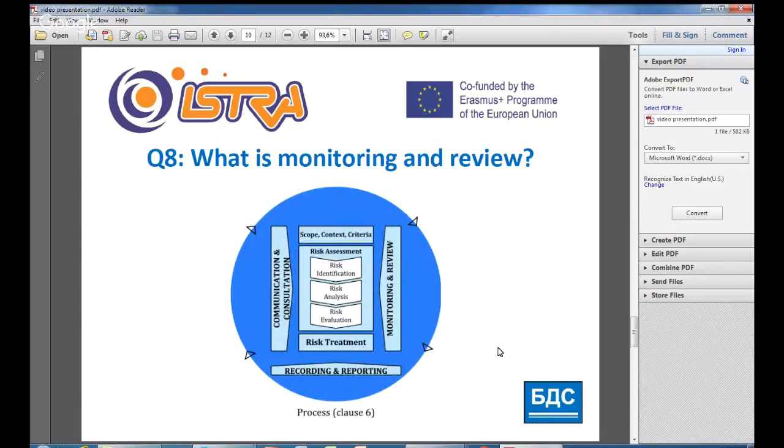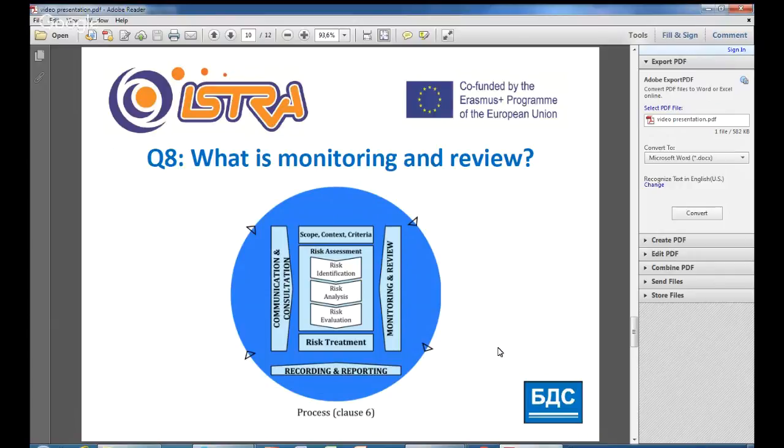As depicted in the figure, the monitoring and review processes are typical for each step and process in the risk management architecture. Monitoring and review are called a feedback mechanism in the Plan, Do, Check, Act cycle, as they represent the check phase and take account of how the planned processes have been implemented and what is the response of the internal and external environment.